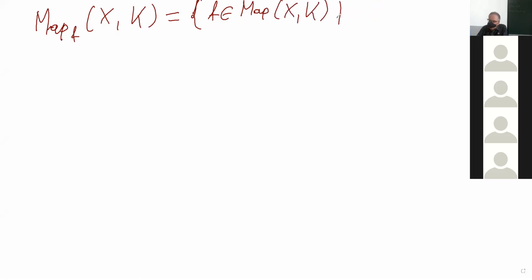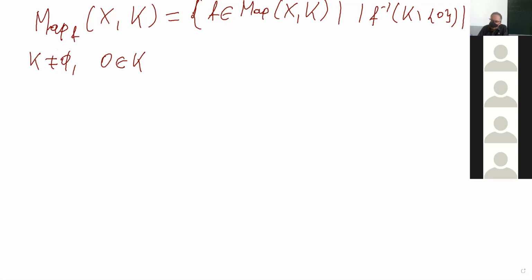But what does it mean? I told you that K is a set which is non-empty and which contains a distinguished element 0. Okay, so these were our assumptions. So finitely supported meant simply that when I take the preimage under f of everything but 0, my distinguished element, then this preimage will be finite.